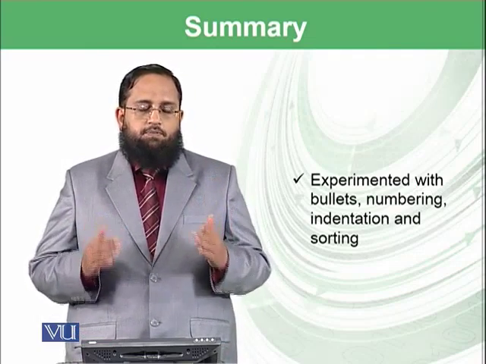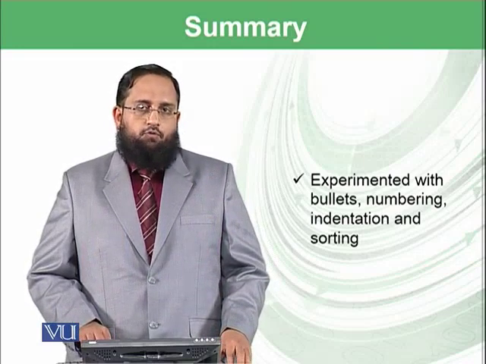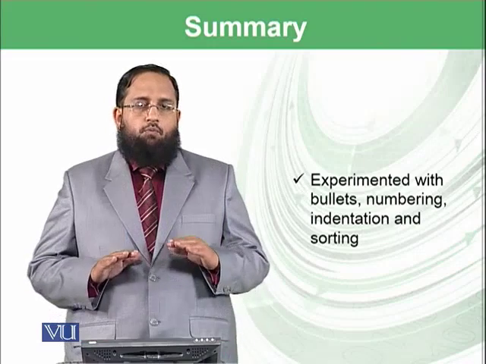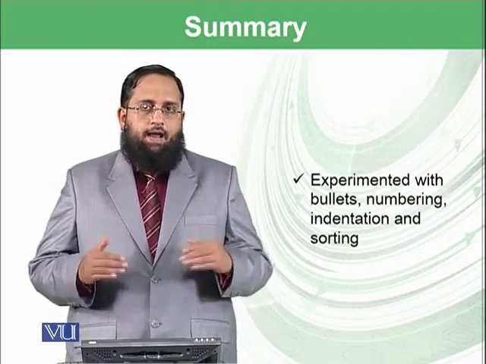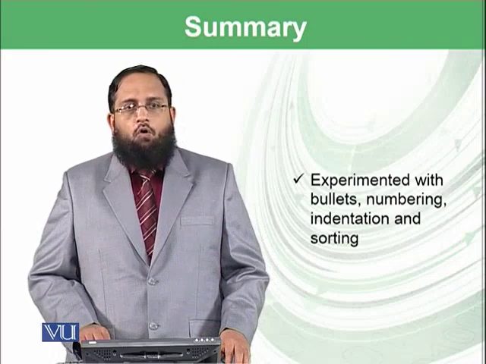So we have experimented with a number of things in the paragraph group. Now our paragraph group is completed, and from the next module we will move forward to the home ribbon buttons.